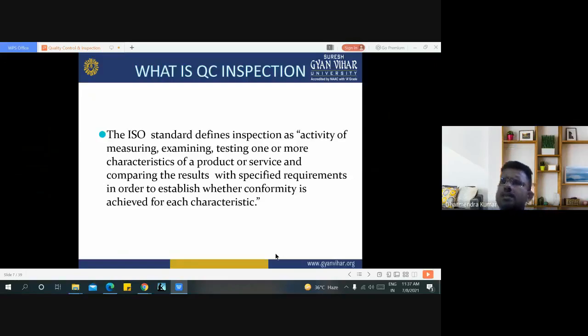Inspection is an overall activity. Either we inspect the raw material, or the machining process, or the skill of labor, or the running process from raw material inventory to the finished goods inventory.